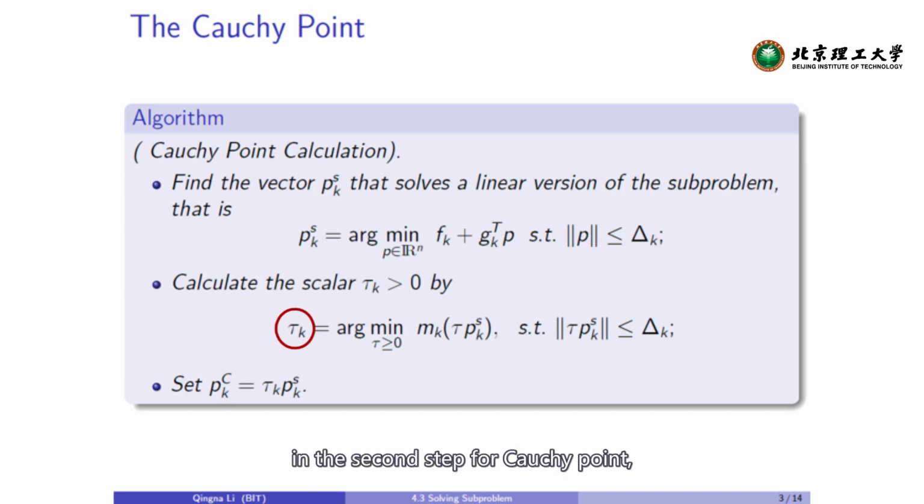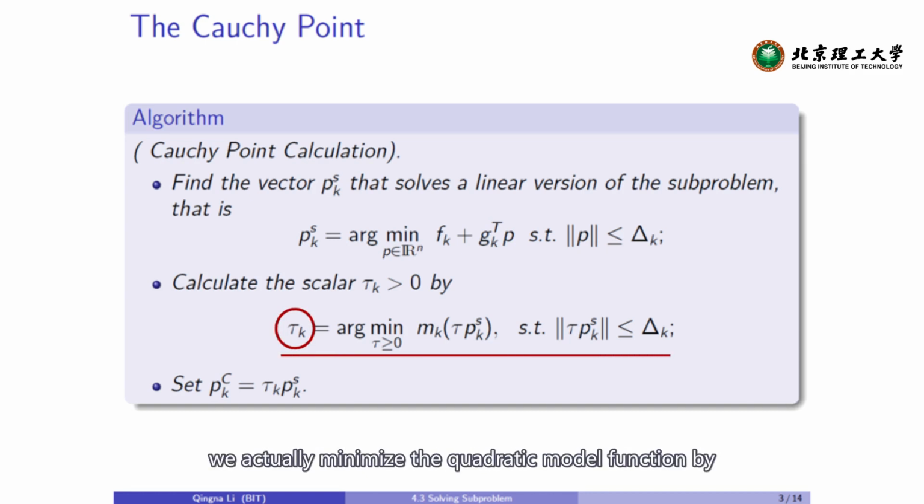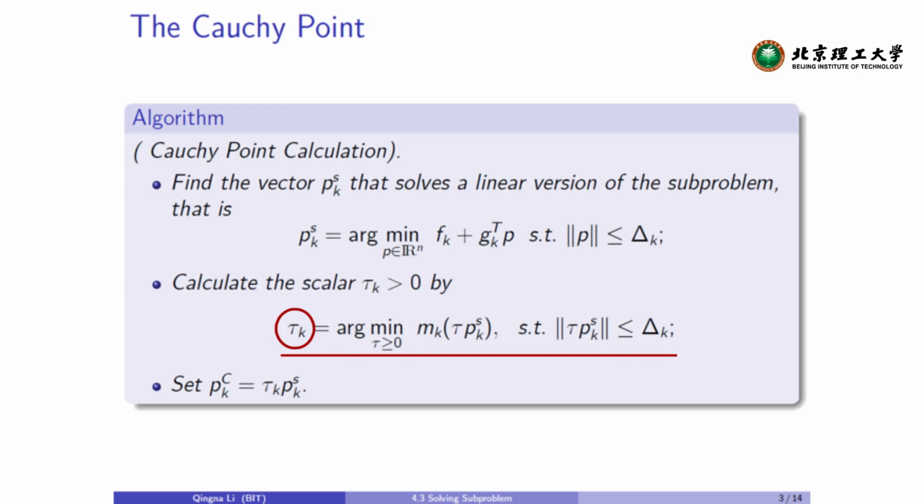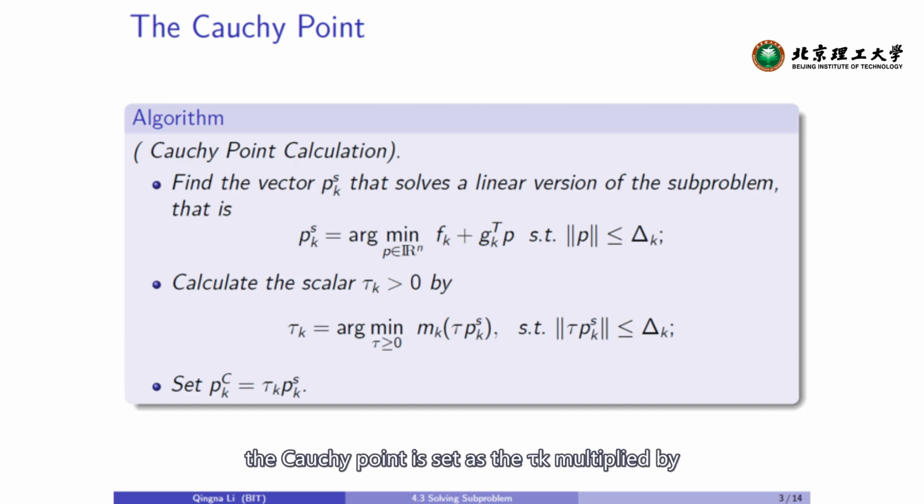In other words, in the second step for the Cauchy point, we minimize the quadratic model function by substituting p_k by tau p_k^s. So it's actually a function of only one variable, tau. Finally, the Cauchy point is set as tau_k multiplied by the direction p_k^s.